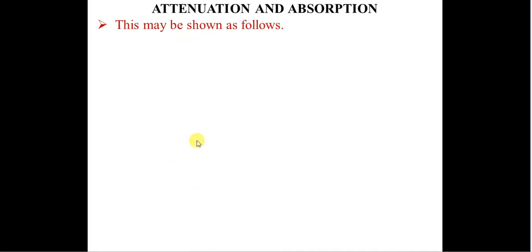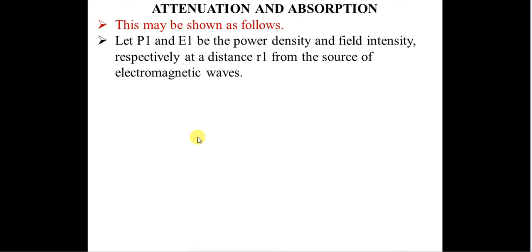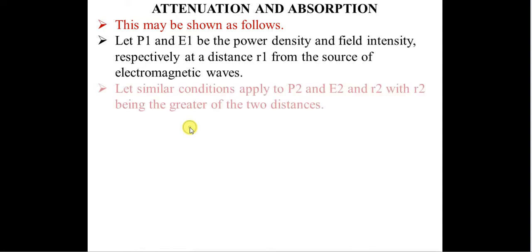This can be shown as follows. Let P1 and E1 be the power density and the electric field intensity at a distance R1 from the source of electromagnetic waves. Let similar conditions apply to P2, E2 and R2, with R2 being the greater of the two distances.